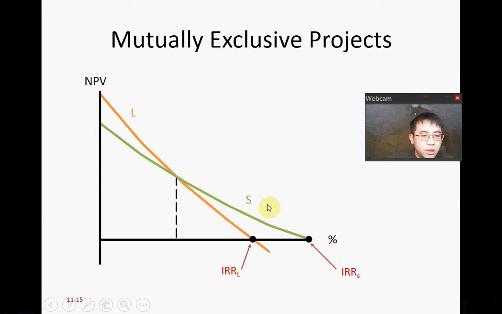You should know that here is where the two curves intercept with each other, and that is called the crossover rate. You should be able to solve this crossover rate. The crossover rate in this case is 8.7. If the WACC or the discount rate is less than the crossover rate, you accept the project with the lower IRR, which is project L. If it is a higher discount rate, you would accept the project with the higher IRR.